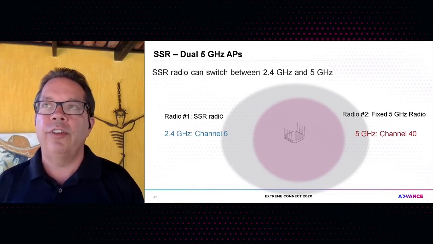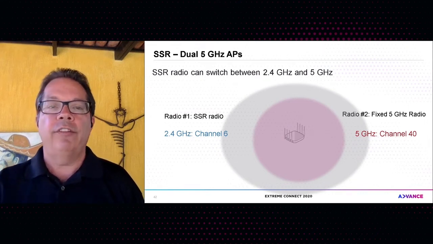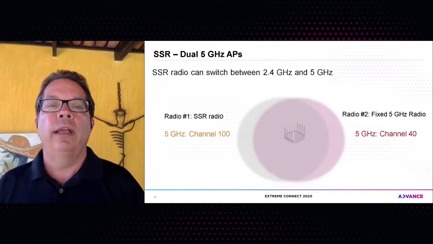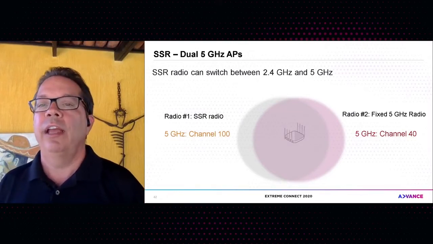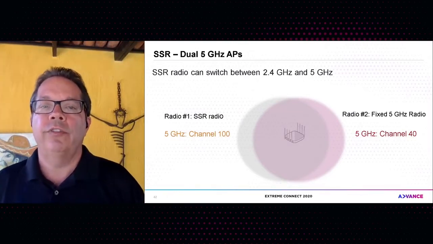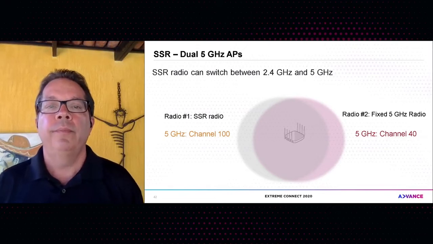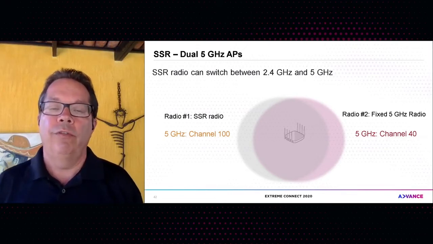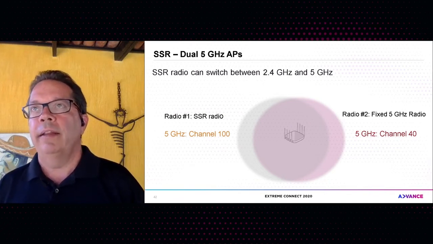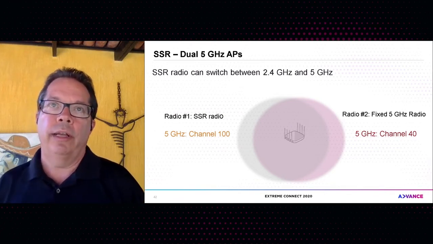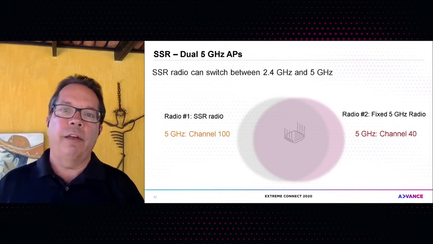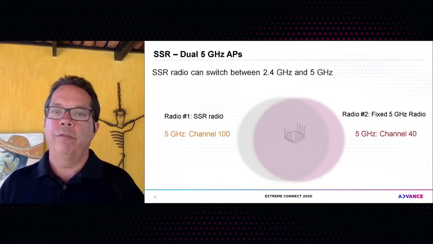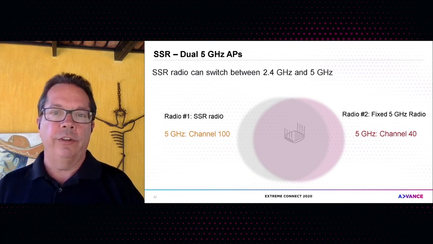But based either statically or automatically on changing RF conditions, that software selectable radio can be turned into a second 5 gigahertz radio. So in this case, now you see two 5 gigahertz radios from the same AP, one on channel 100 and one on channel 40. Now, I'll take you back to that slide just a minute ago when we were talking about 1 AP per room, and I said, disable 75% of your 2.4 gigahertz radios so they don't interfere with each other.